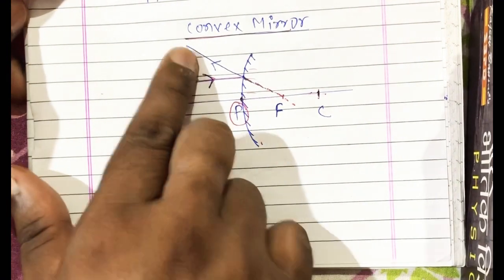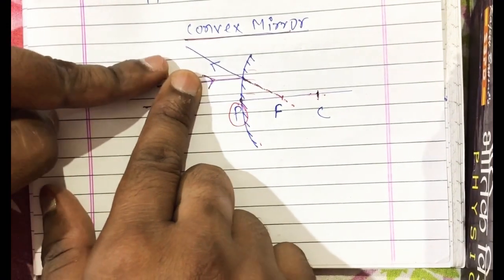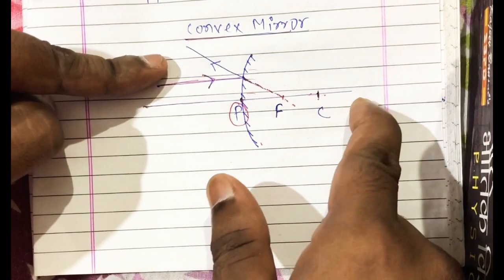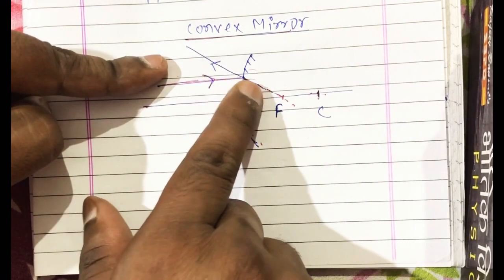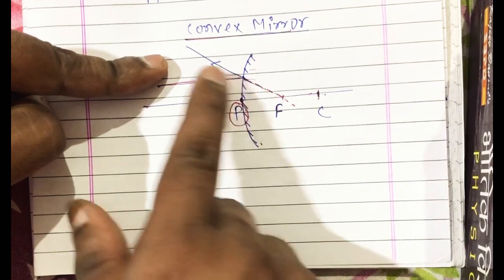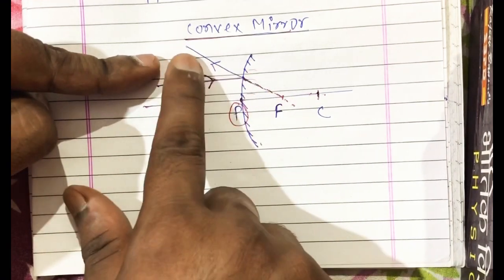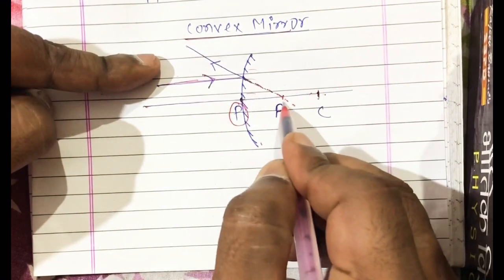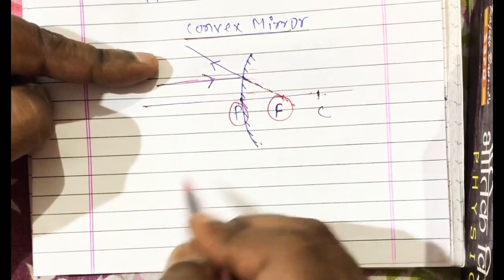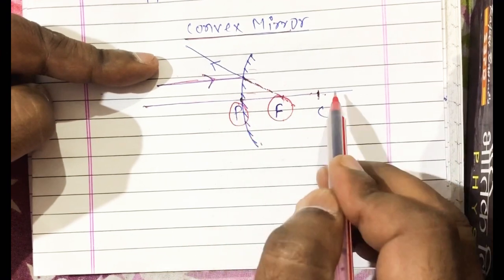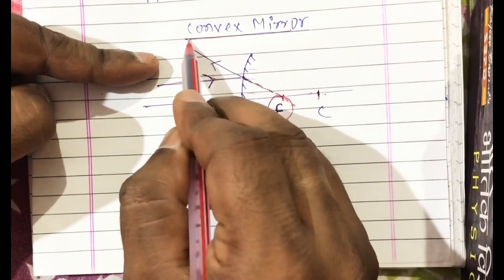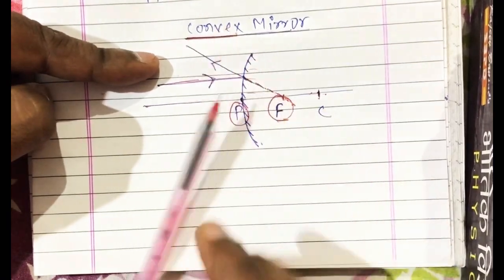You can see that this reflected light ray will not pass through a point on the principal axis, so we produce the reflected light ray back. On producing back, we can see that this reflected light ray appears to come from a point on the principal axis. In that case, this will be the principal focus of the convex mirror.